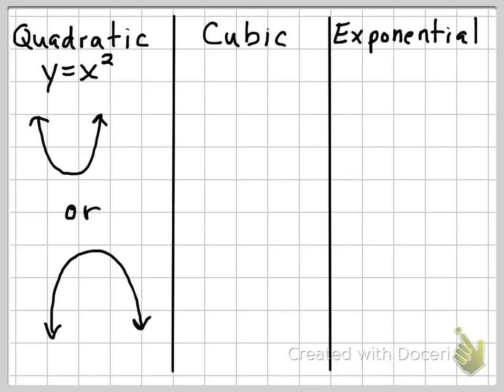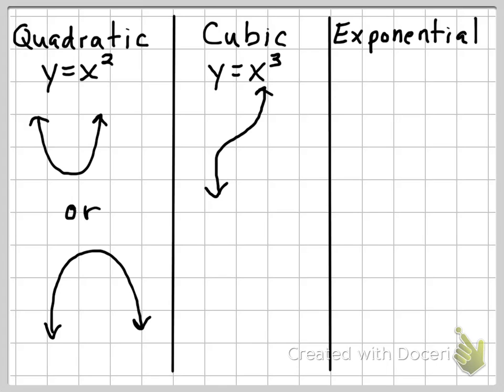Okay. Then for the cubic. The cubic, if you remember, is y equals x to the third power, and it looked like this. It started down and curving and then curved up. So it kind of twisted.